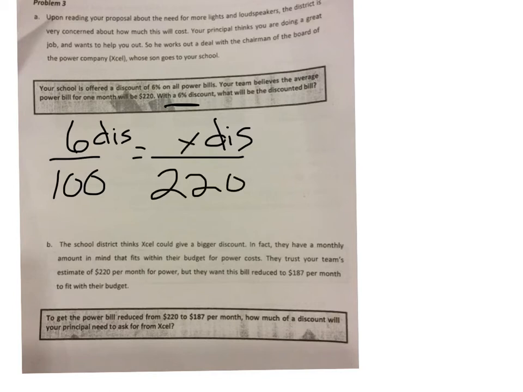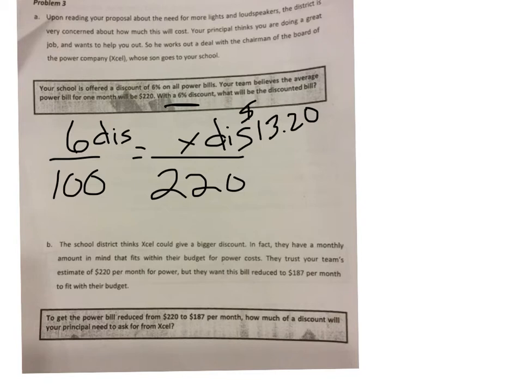Once I multiply across and divide, so I have my three numbers, I'm going to take 220 times 6 and divide by 100, and I get 13.20 or $13.20. But I got to see if that's the answer or if I have to do something else.